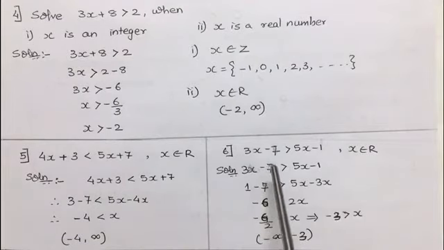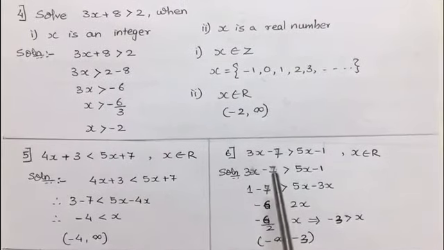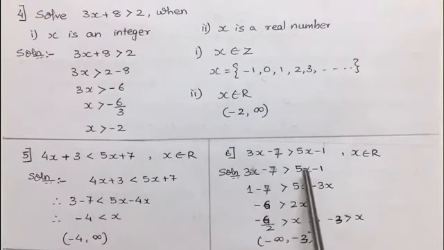Now the sixth one is 3x minus 7 greater than 5x minus 1.